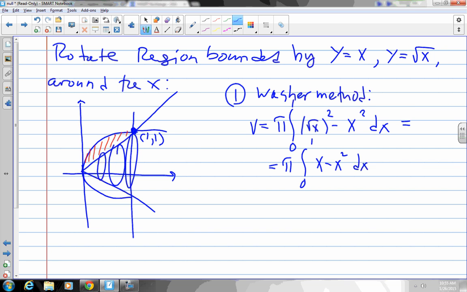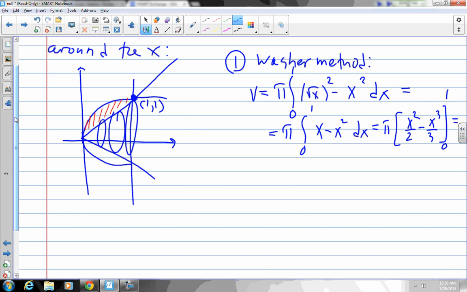Now that's a friendly integral. So we get pi times x squared over 2 minus x cubed over 3, evaluated from 0 to 1. Plugging in 0 gives you 0, so the only thing that matters is 1. So we get pi times a half minus a third, right? And what is a half minus a third? 1/6. So it's pi over 6 then.